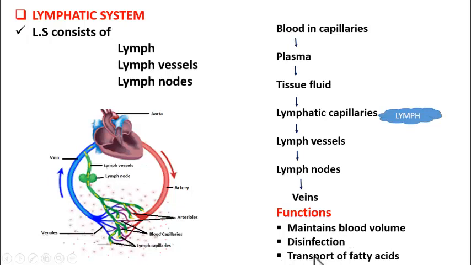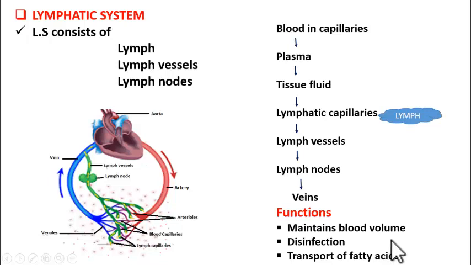Now the third thing is transport of fatty acids. Students, fatty acids are bigger molecules. They cannot enter from the tissues into capillaries. So they enter into lymphatic capillaries. Where does this happen? This takes place in the intestine. Students, in the digestion chapter, the nutrition chapter, I told you that after digestion, the nutrients are released into the blood of the villi, right?